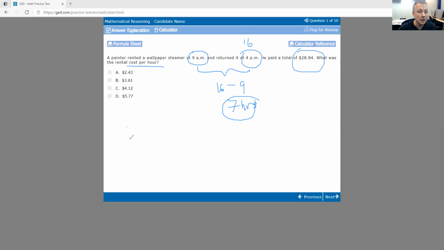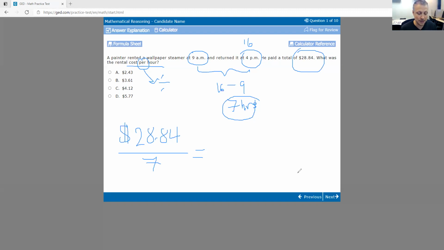How do we do that? We take the dollar amount, which is the 28.84, and then per means divide by in the word problem. So that means division. So I'm going to divide by the 7 hours that we used this steamer in here. We're going to go in our calculator.